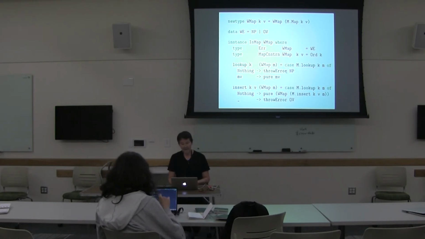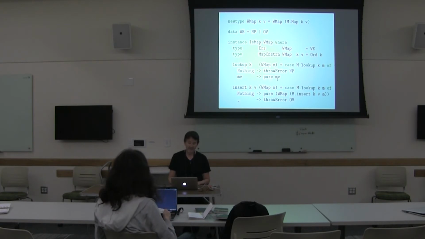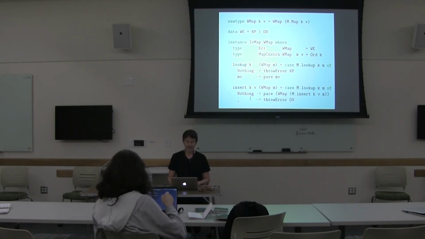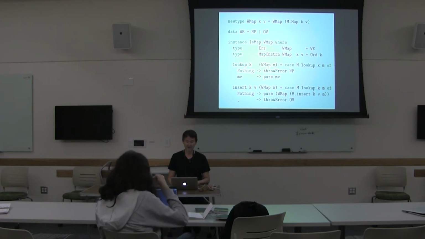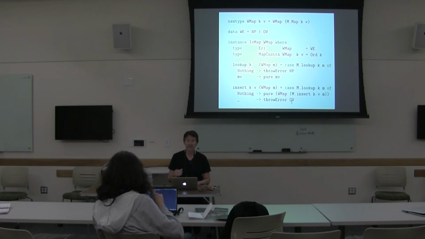And that way, inside of here, I can then just say throw error. And if it's there, I say pure. The other piece I'm doing is insert. If it's not there, great, I can insert it. But it's a write once map. So if you try to write the same key a second time, it will then throw overwrite.